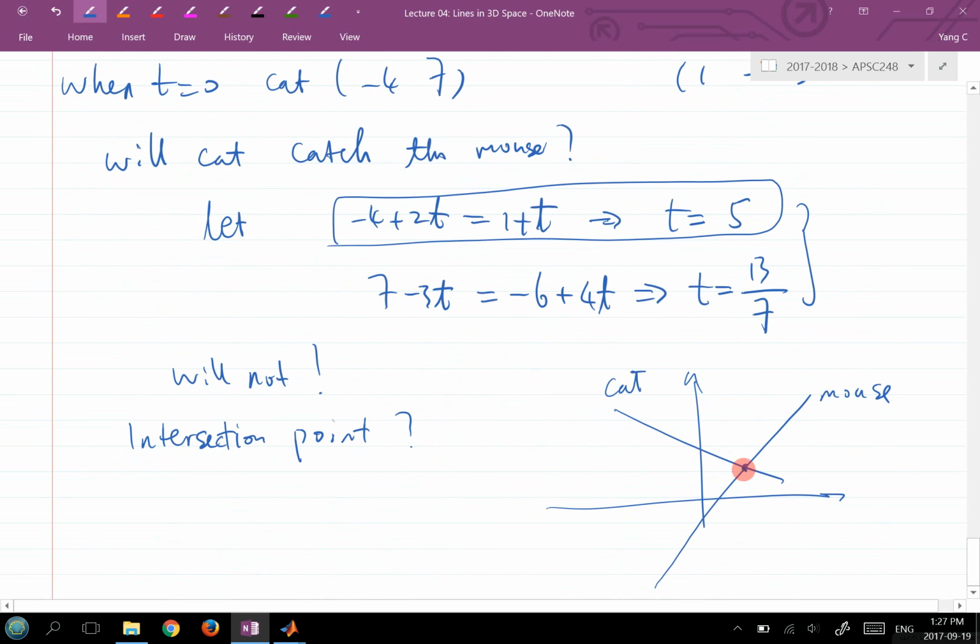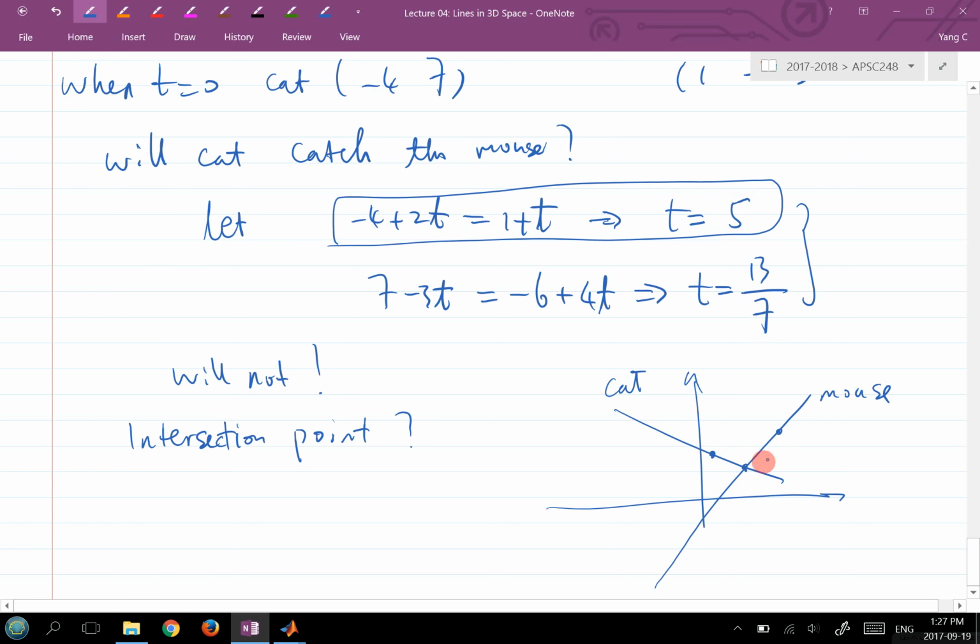We don't know, right? That's not exactly the case here. This is a time instant here. That's not the t value that's supposed to give you this intersection point. Maybe at t equal to 5, your cat is here. Maybe at t equal to 13/7, the mouse is over here. Make sense?